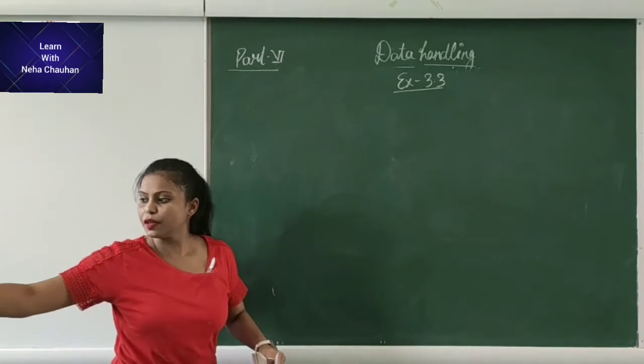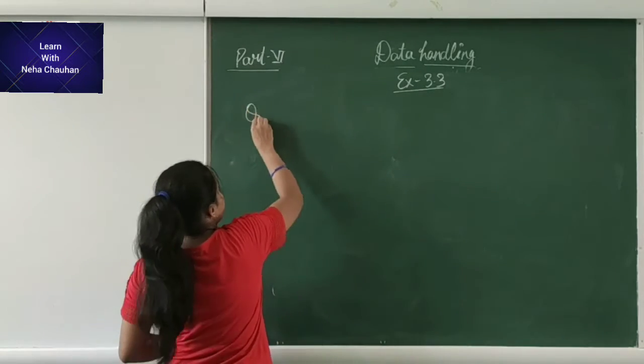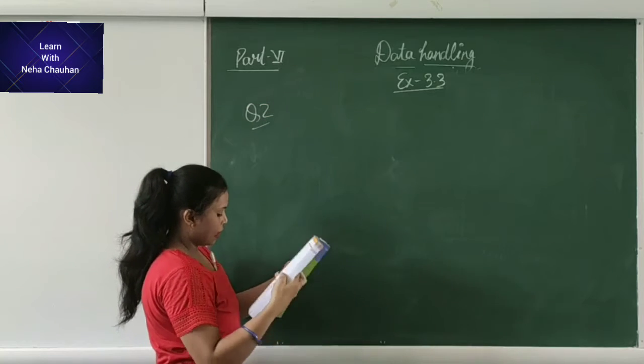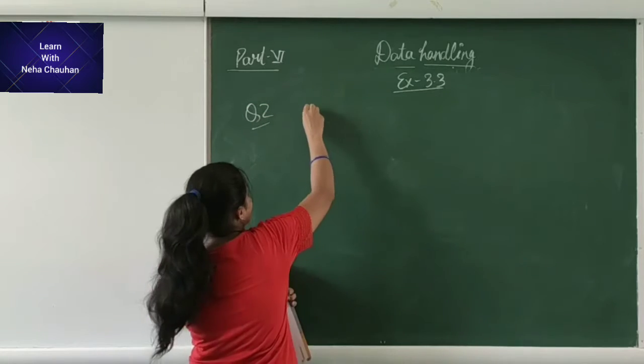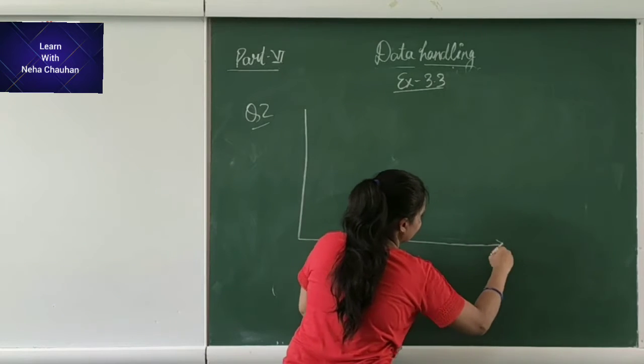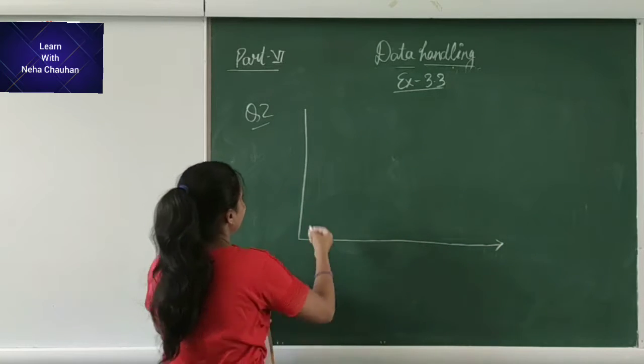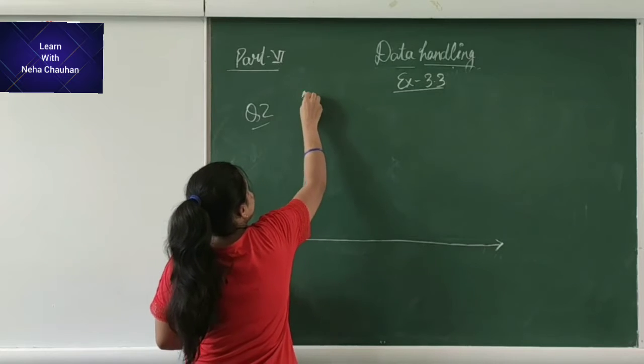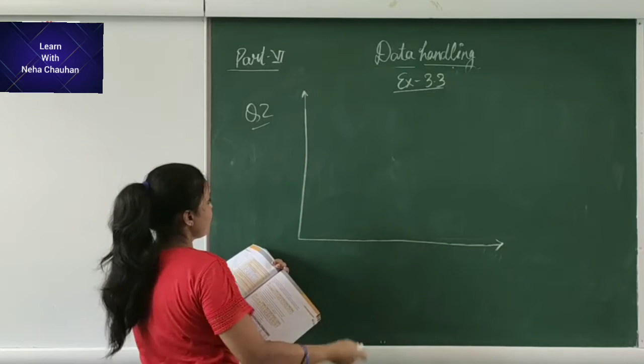So we have given a bar graph, that is, years and number of books.